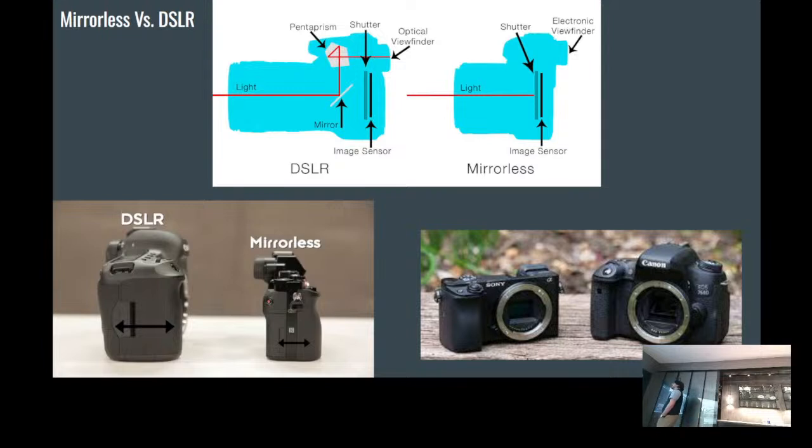A DSLR is a digital single lens reflex, and a mirrorless is the same technology but minus the mirror. Where it's a benefit, the mirrorless cameras are lighter weight and smaller, more compact. On top of that though, the technology nowadays allows mirrorless cameras to be a stronger, better, and faster camera overall.